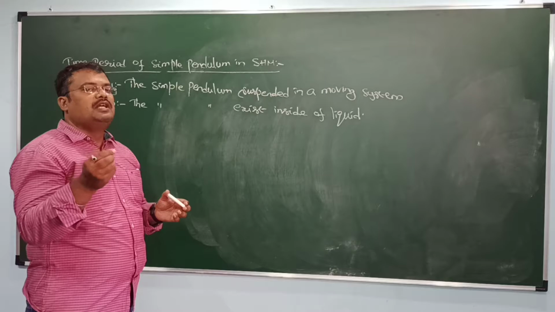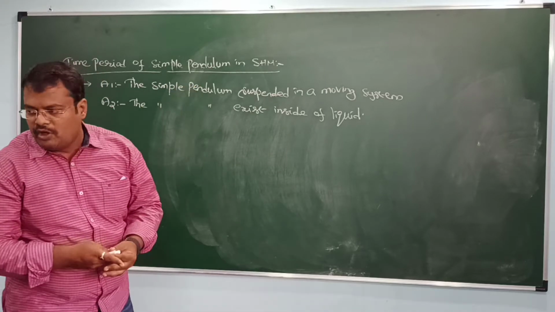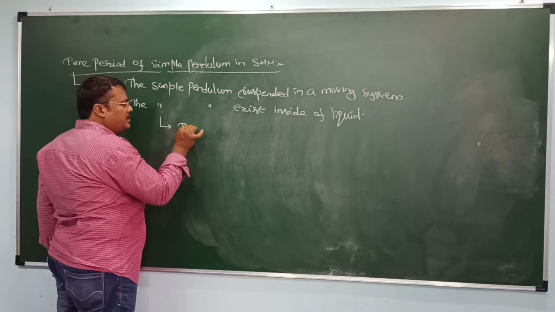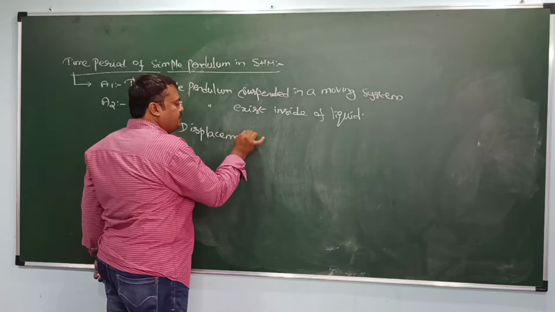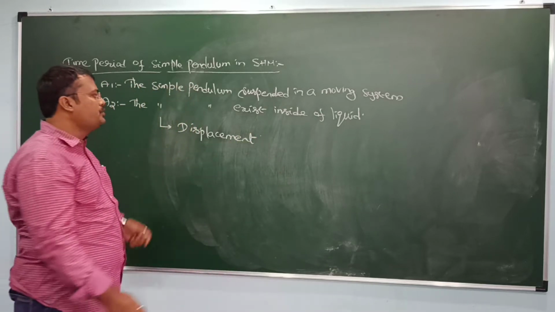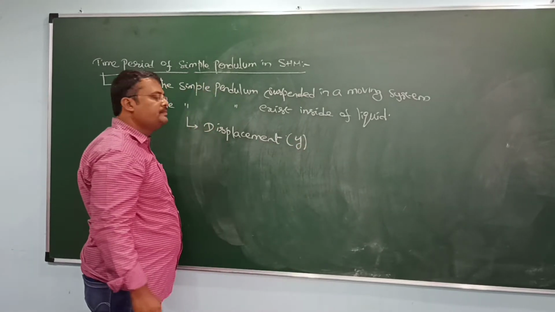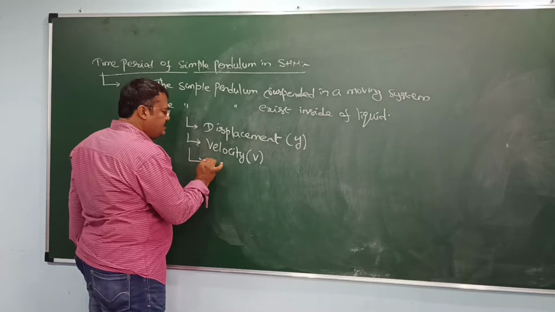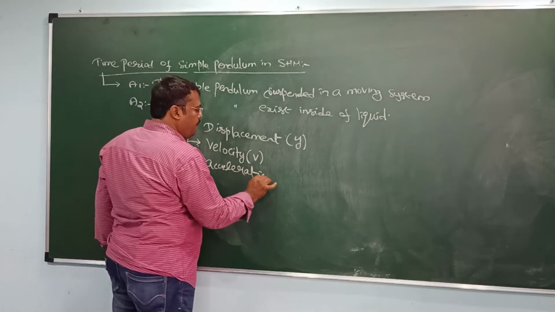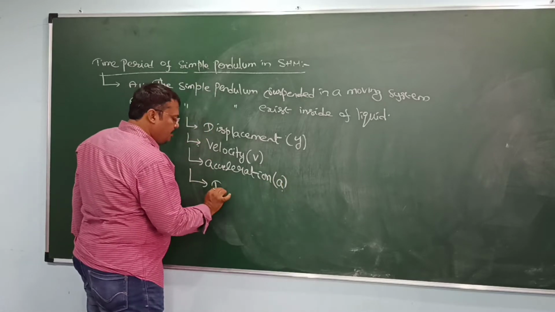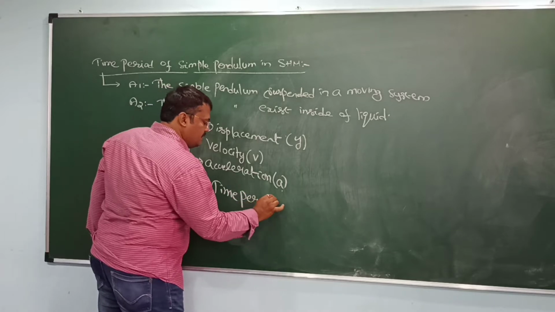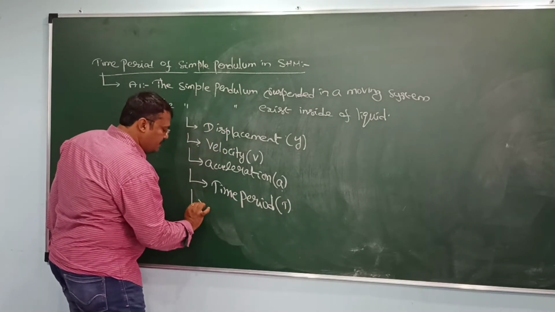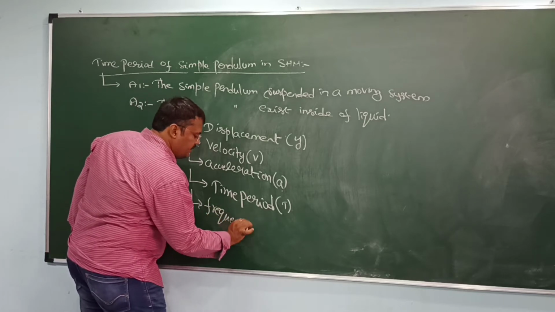The minimum requirement to learn the time period of a simple pendulum in simple harmonic motion is, first of all, to learn about the displacement of a particle, symbolically represented by y, the velocity of a particle, the acceleration of a particle, the time period in a simple harmonic motion or oscillatory motion, and the frequency of a particle.